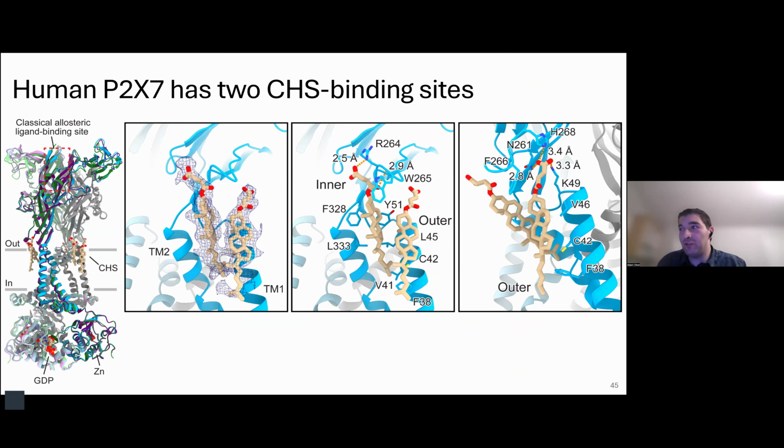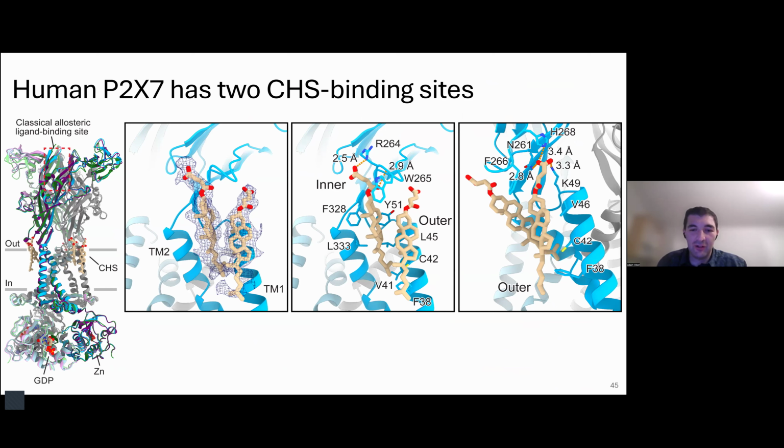One interesting feature of the human P2X7 ortholog is the presence of two cholesterol hemisuccinate, or CHS, binding sites. We define the CHS binding sites as existing on the extracellular side of the transmembrane domain.